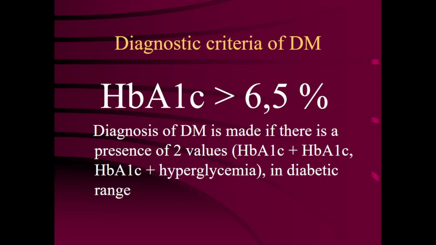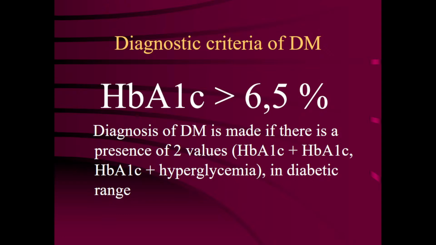And another variant, if you have detected increased glycated or glycosylated hemoglobin. I hope that you remember that HbA1c stands for glycosylated hemoglobin. A1c is a fraction of hemoglobin that is binding to derivatives of glucose.